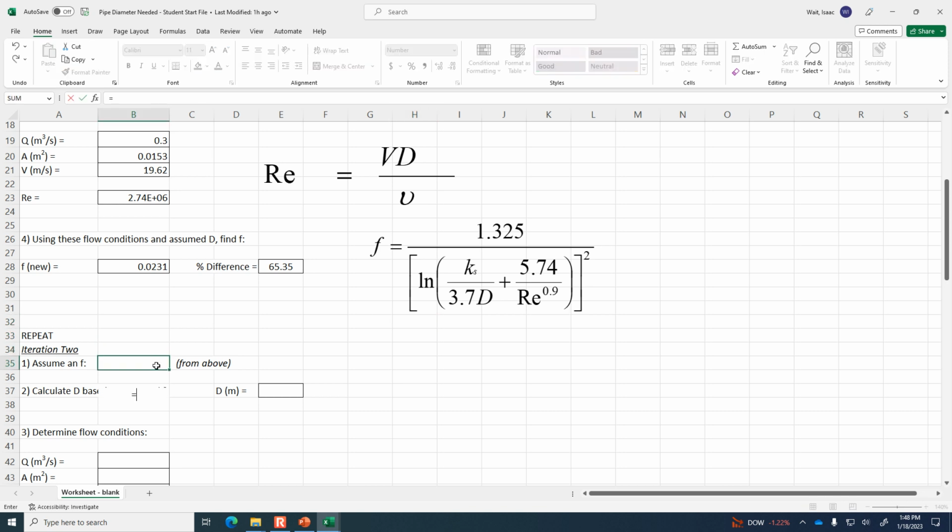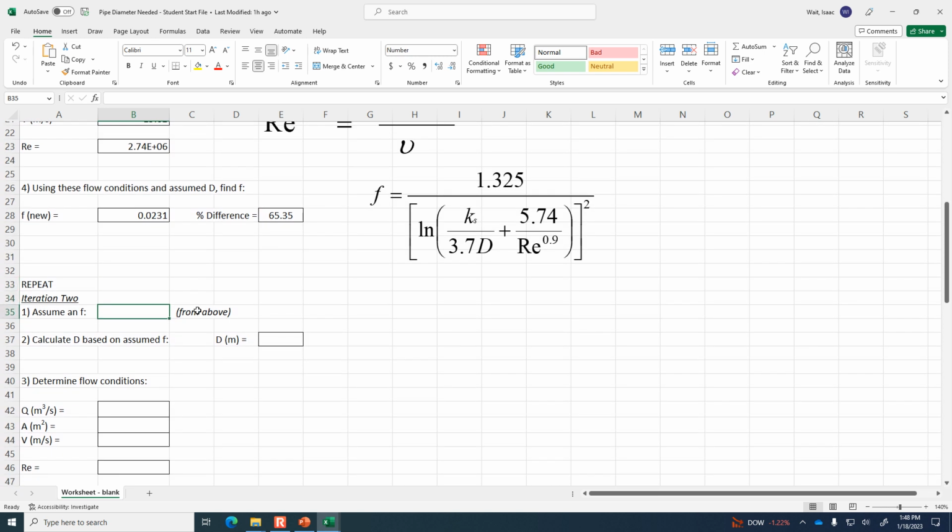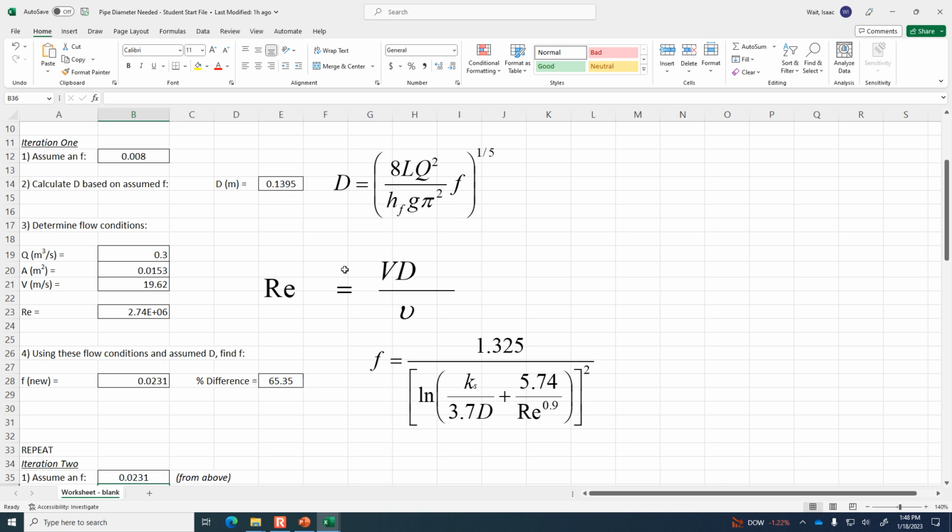So this new F value, boy, this is so strange. I click on a cell and the numbers are showing up in the wrong spot. All right, equals this F value. Okay, so using this previous one, now I'm just going to copy this formula and paste it in the location.